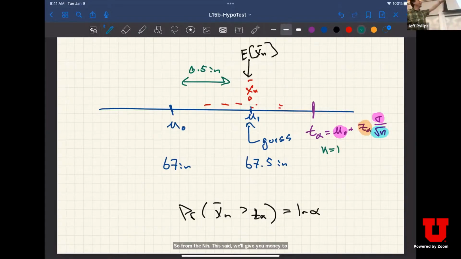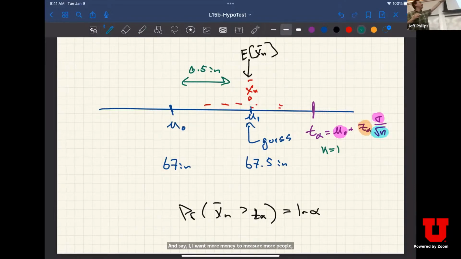If I only measure one person, then my T alpha value is going to be way out there. I would need the Utah population to be 1 inch taller instead of half an inch taller than average. So I'd go back to the NIH and ask for more money to measure more people. What's going to happen if I measure more people?